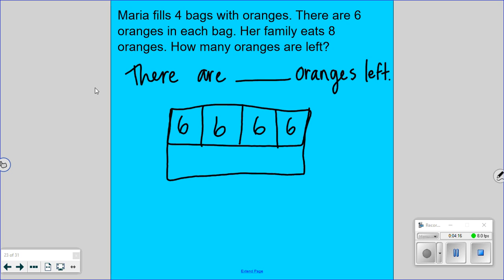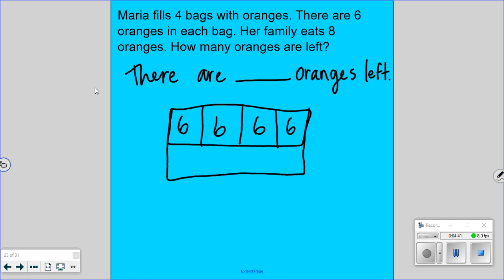What's that 3rd sentence say? Because we're not done yet. Julian? Her family eats 8 oranges. How am I going to show that? 8 oranges gone. Emma, what do you think? You're gonna solve 6 plus 6 plus 6 plus 6.